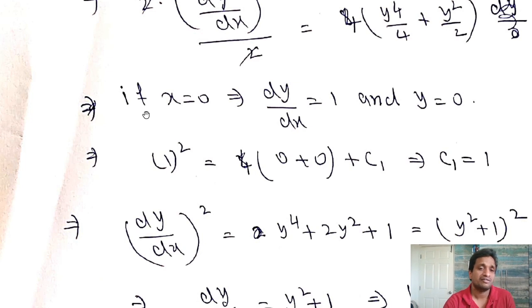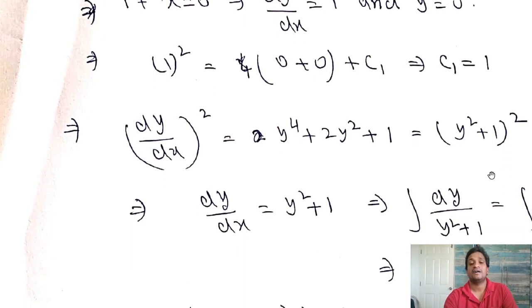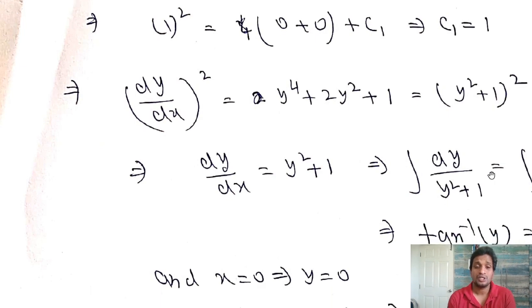Here, it is given that x equal to 0 implies dy by dx equal to 1 and y equal to 0. So I am substituting dy by dx equal to 1 and y equal to 0, it gives c1 is equal to 1. Again we have to find the general solution. So dy by dx whole square equal to y power 4 plus 2 y square plus 1, which can be written as y square plus 1 whole square.